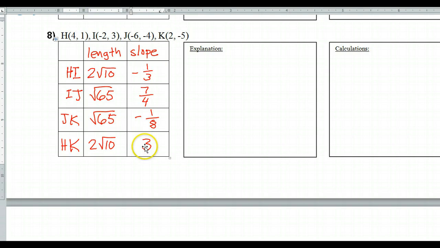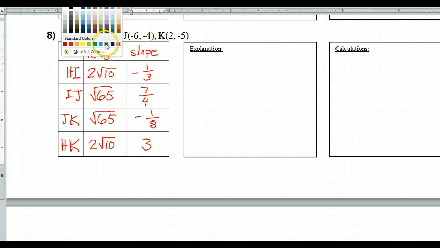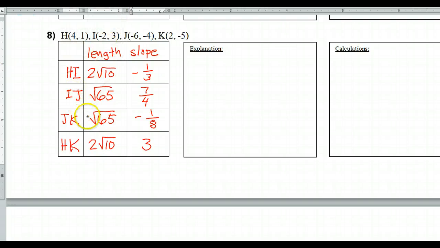That means all that's left is a kite. And once again, the definition of a kite is we should have two pairs of consecutive sides that are congruent. And we do. Here's a pair of consecutive sides that are congruent, and here's another pair of consecutive sides that are congruent.